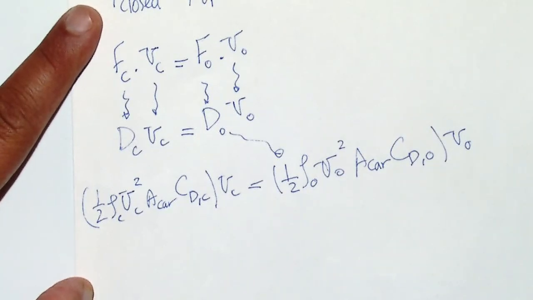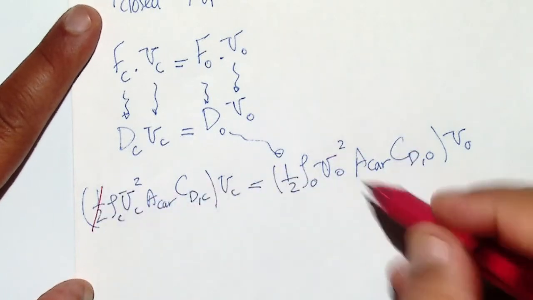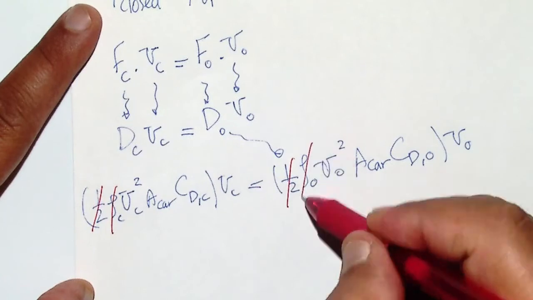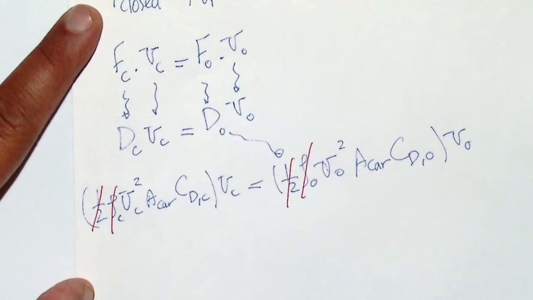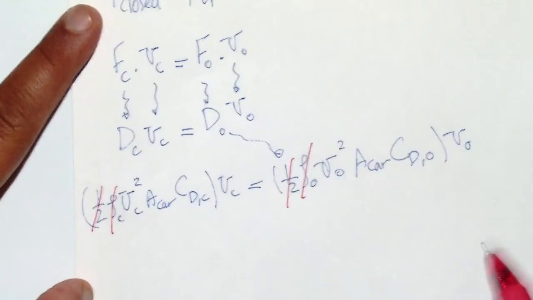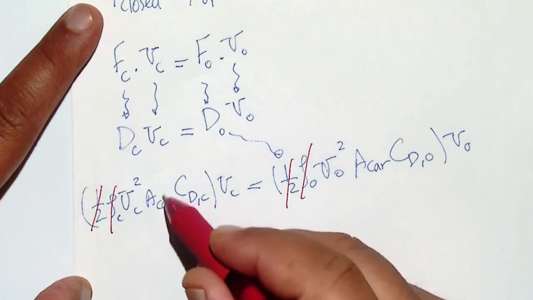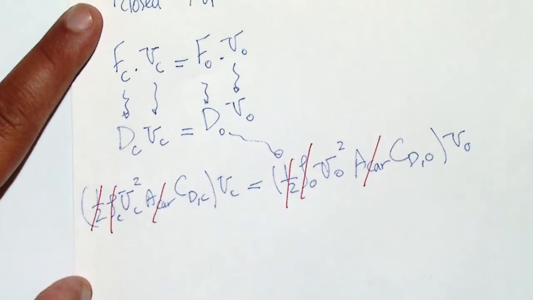Okay, so you can cancel out 1 over 2, and the flow is the same, so the rhos are similar, you can cancel them out. And it's mentioned in the question to assume the frontal area of the car remains the same with the windows and roof open, or closed. So the frontal areas are the same.